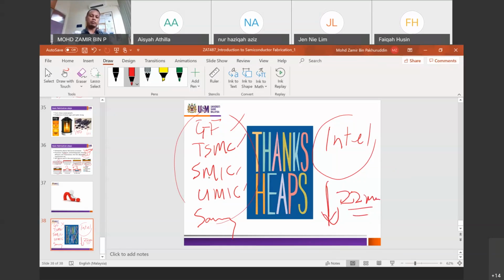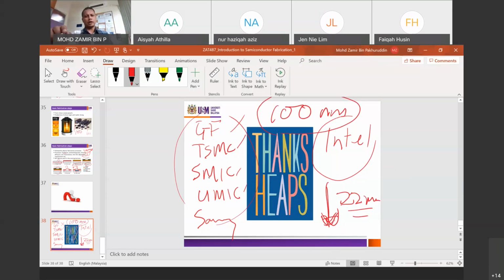Remember on Monday I showed you on the slide, if you compare Silterra, Silterra can only do down to 100 nanometer. That's all we can do. If you want to go beyond 100 nanometer, you have to buy another equipment, and that's super expensive, right? Can you follow?